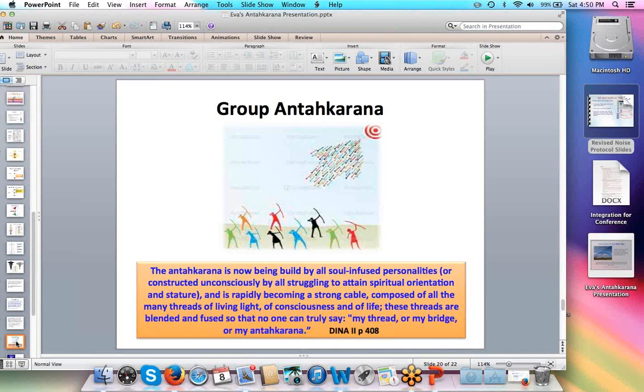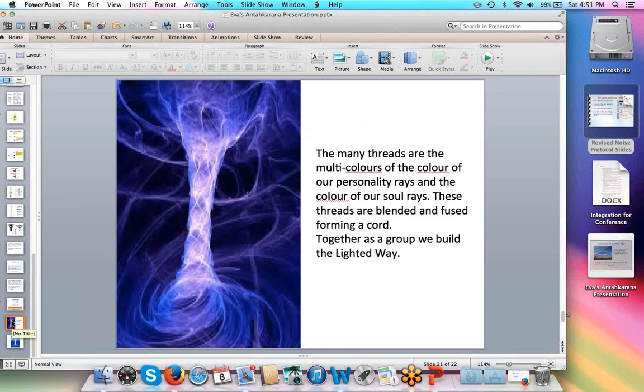So when we work with Michael, and he is leading, for example, a full moon meditation or any other meditation, he has us build our own Antahkarana and then see the group Antahkarana, so that our Antahkarana is lit up within the larger whole, within the larger group. And you can see it better here. Our Antahkarana is within the entire group Antahkarana.